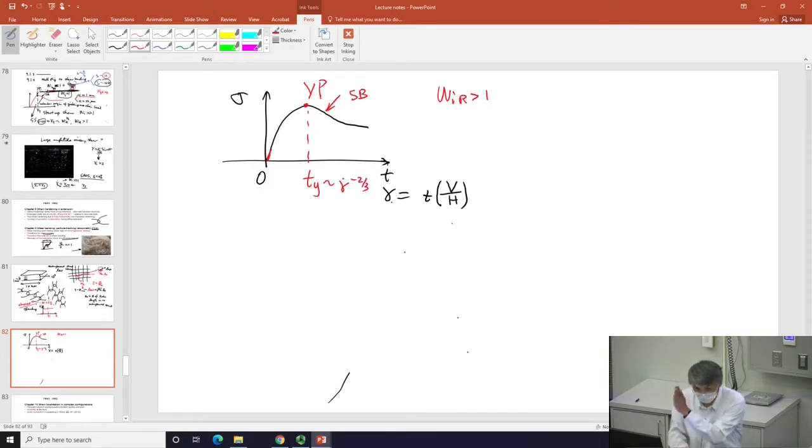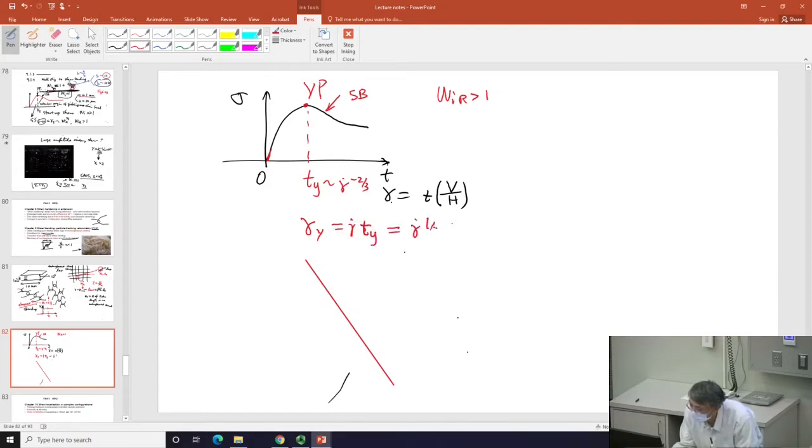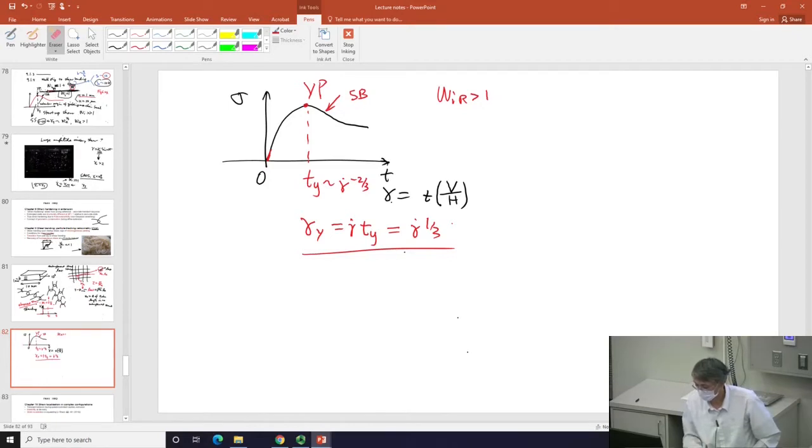So this point is shifting to smaller and smaller values with shear rate, although the strain is still increasing with shear rate. That's the scaling law that we went through, the 1/3 law. That's the exponent, and it's covered in chapter 7.